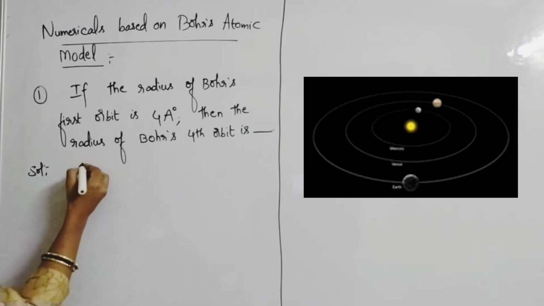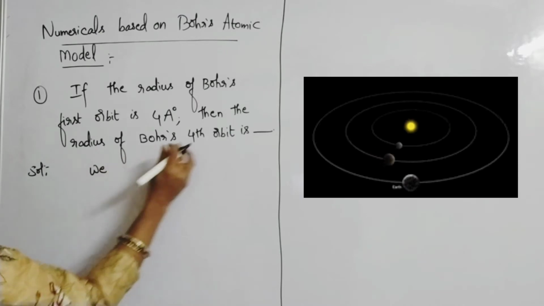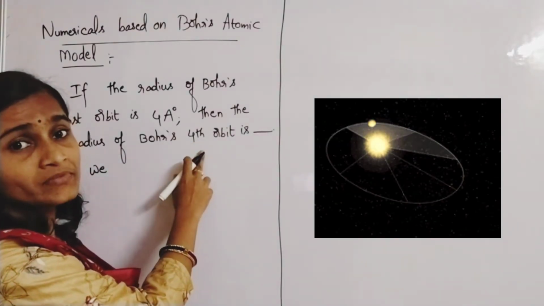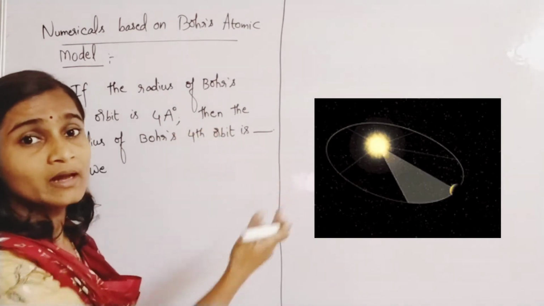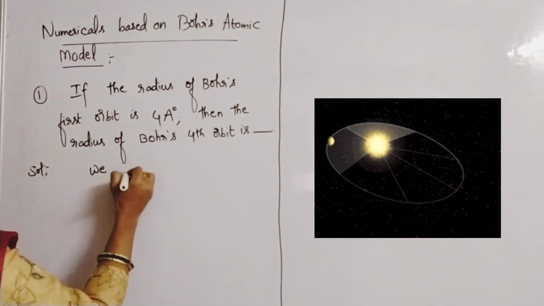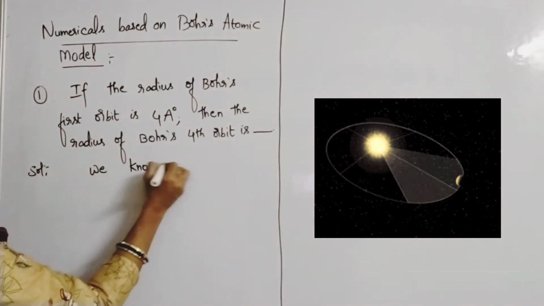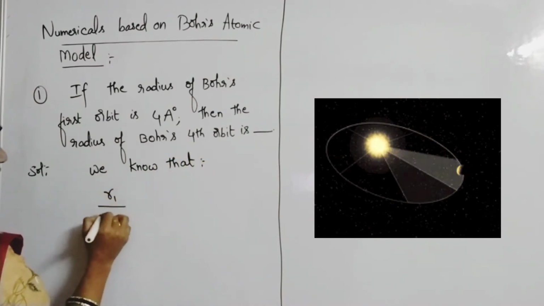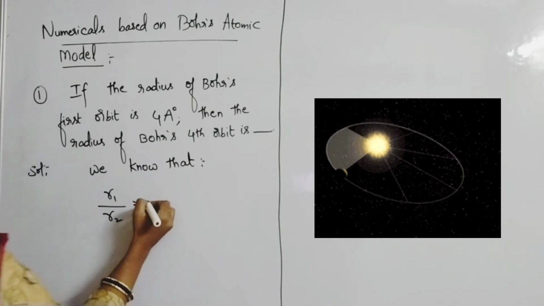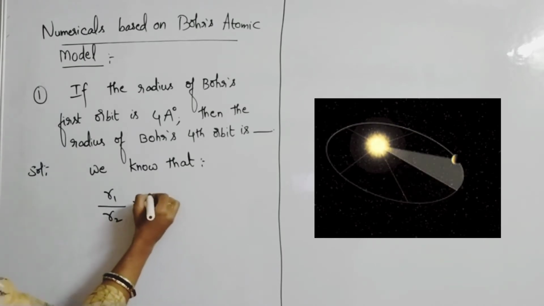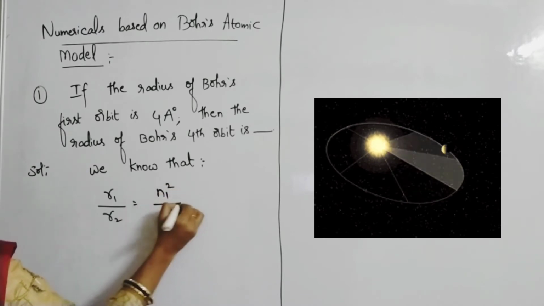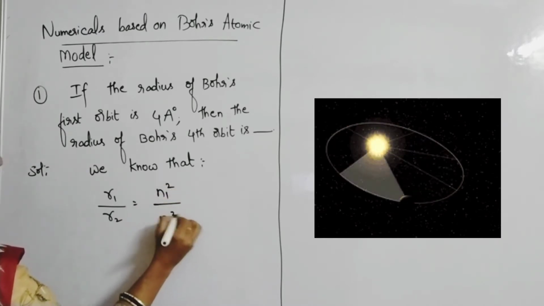We have one formula which relates the radius of Bohr's nth orbit r and the number of the orbit. What is that? R1 by R2 is equal to N1 square by N2 square.